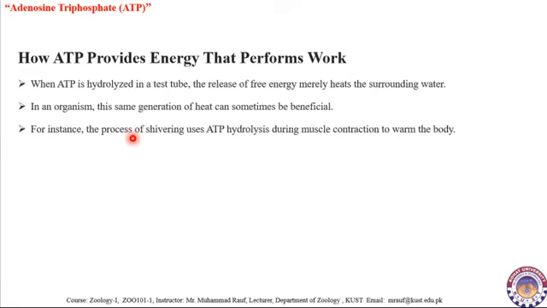For instance, the process of shivering uses ATP hydrolysis during muscle contraction to warm the body. So shivering is quite often associated with cold weather, and in this process the energy which is released by the contraction of the muscles warms the body.